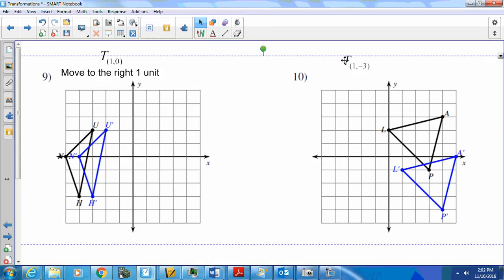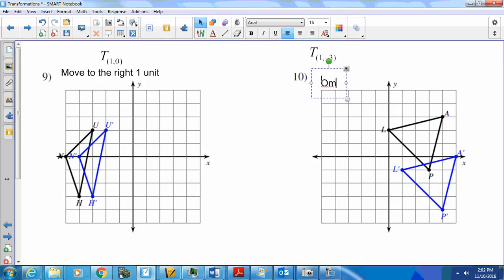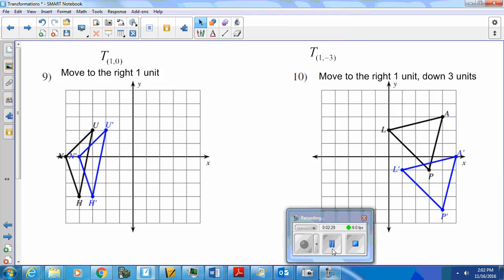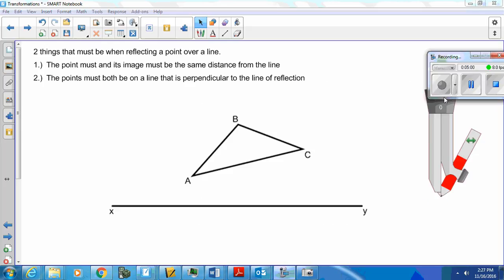So that's one way you could write it. You could just write in words, move to the right 1 unit, down 3 units. All right, so that is some homework help for you.